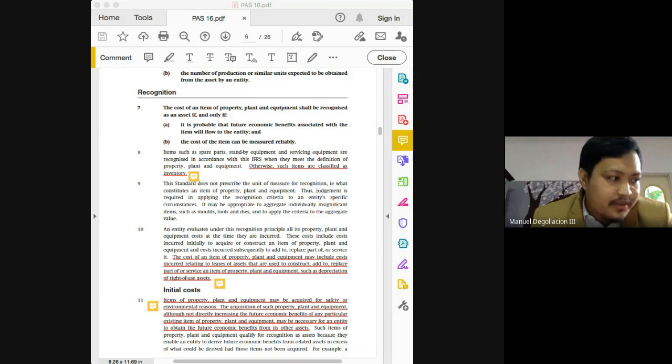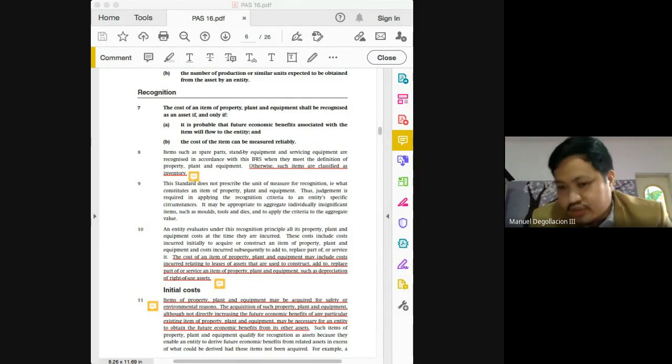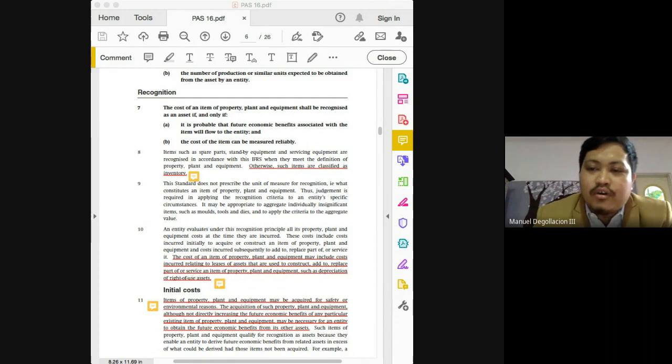I try to remember this, class, by the phrase "ULOCO." U stands for use, LO stands for location, and CO stands for condition. So those costs that are necessary and unavoidable to bring the asset to its intended ULOCO, its intended use, location, and condition, will be part of the cost of an asset.